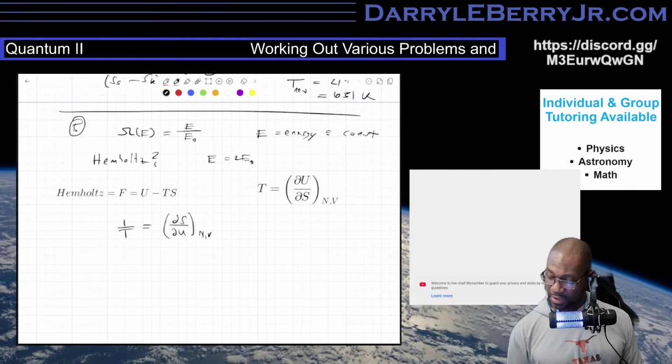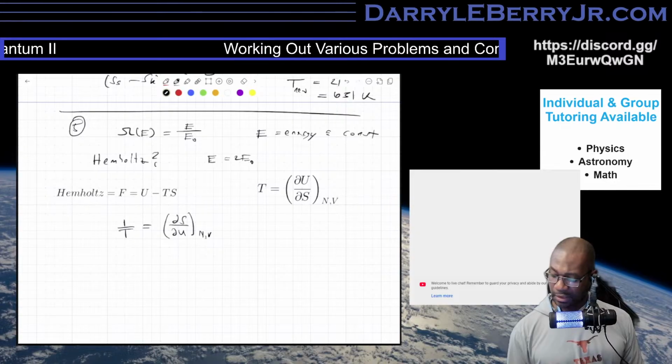So since energy is constant, we can take an integral. Actually, I don't see how we can take an integral. Well, energy is constant, but if the energy were to change, it'll give us the temperature since we have the entropy.